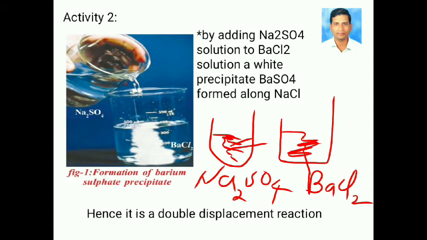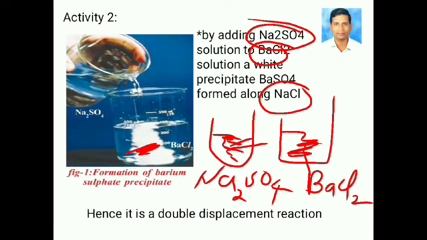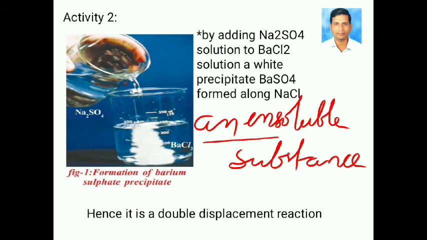By adding sodium sulfate solution to barium chloride solution, we get a white precipitate, barium sulfate, formed along with NaCl. Now let us define what is precipitate. An insoluble substance formed in a solution is called precipitate. Here, barium sulfate precipitate will be formed, which is white in color.